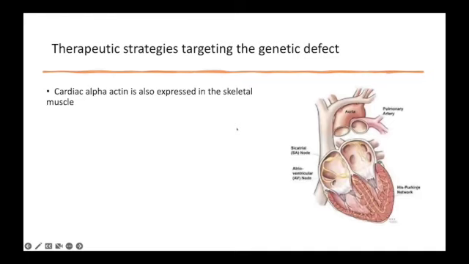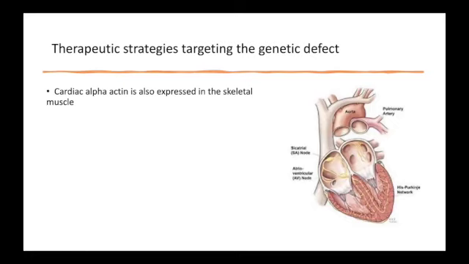So when we talk about therapeutic strategy, one of the possibilities is to upregulate another gene that has a similar function. So during gestation, remember skeletal muscle has a specific form of actin called skeletal muscle actin. During gestation, cardiac alpha-actin is the main actin in the muscle, in the skeletal muscles as well.